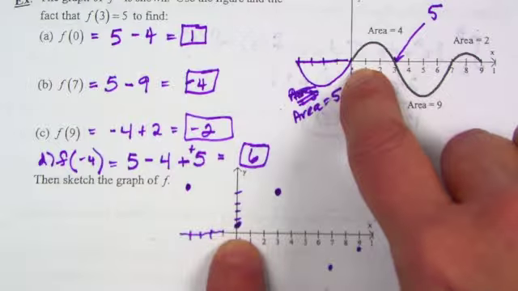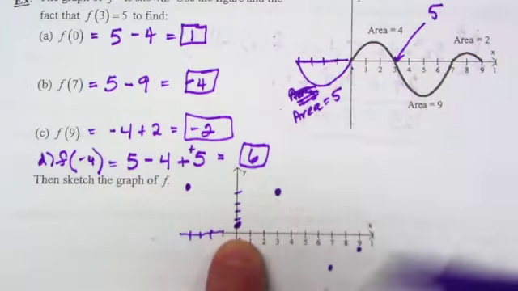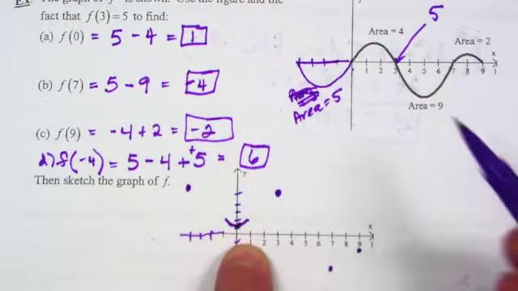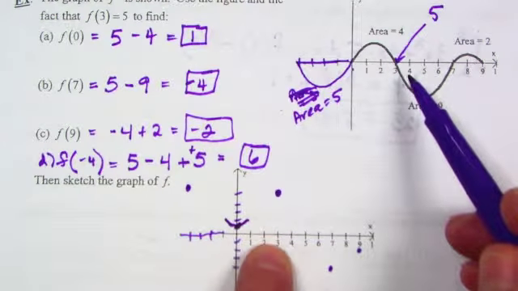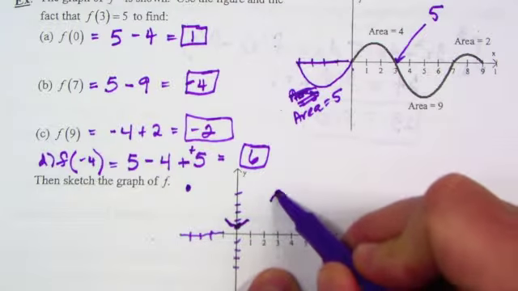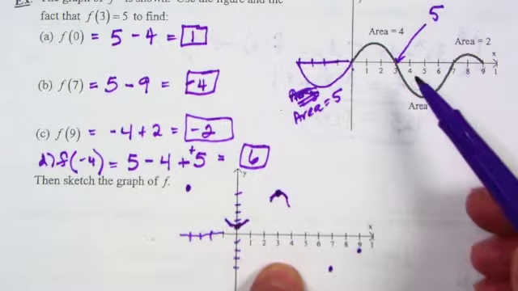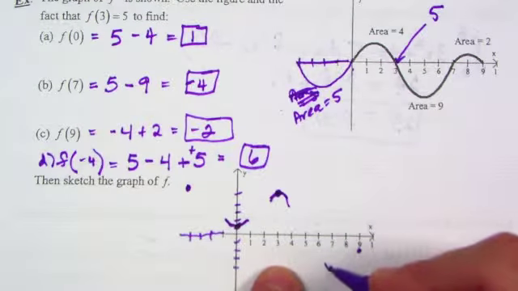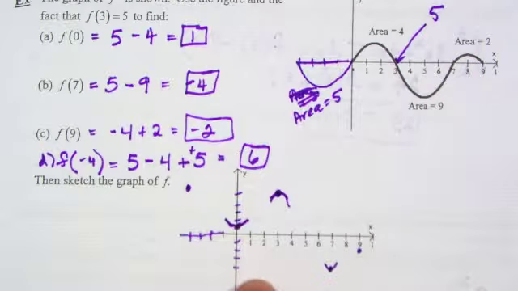The derivative changed from negative to positive, so it has to be like this. What has to be true at 3? A max. Why? The derivative changed from positive to negative. What do you have at 7? A minimum.